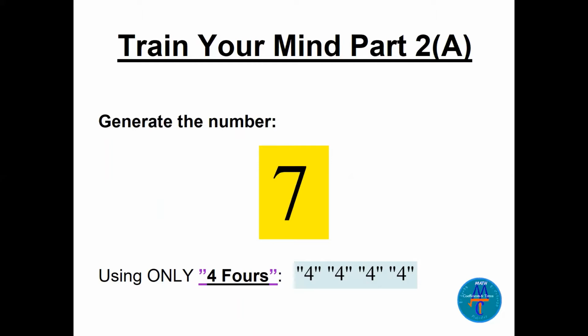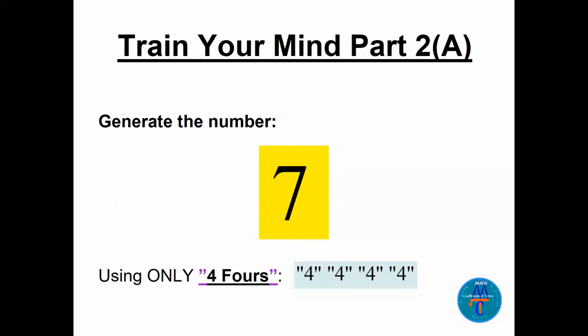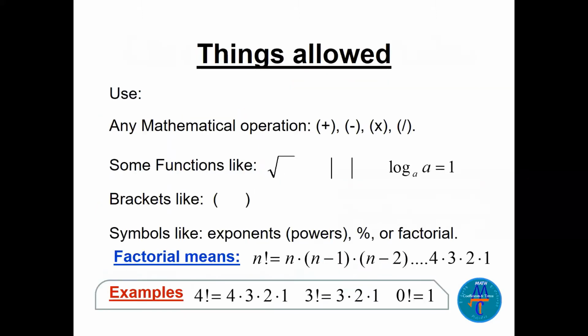Only we will generate the 7. Now, Part 2B will be the other numbers, 9, 70, and 90. So you can find that in the next video, Part 2B. Now, let's start Part 2A.